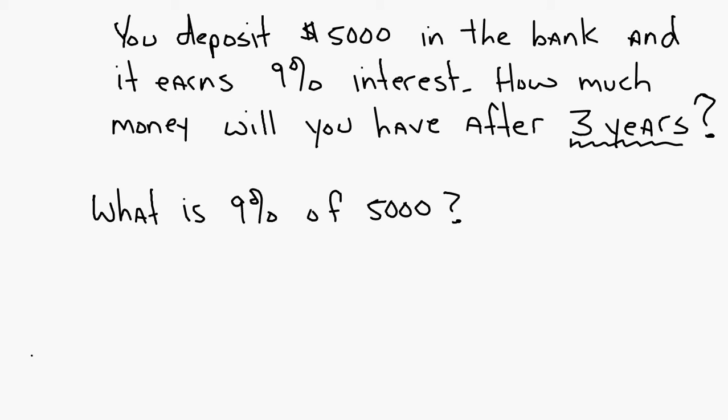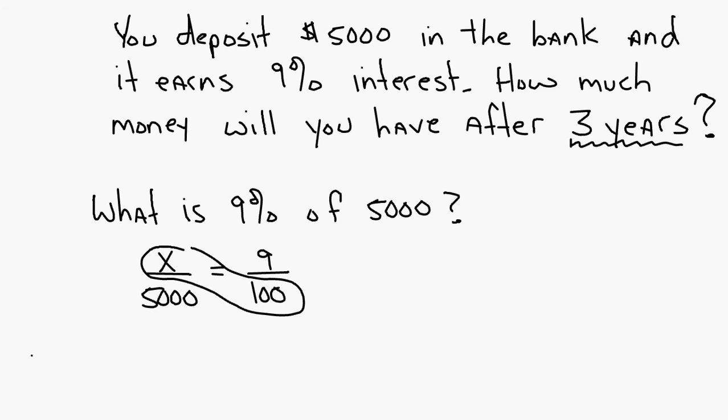So if you do x over 5,000 equals 9 over 100, crisscross multiply. So 100x equals 5,000 times 9, 45,000.